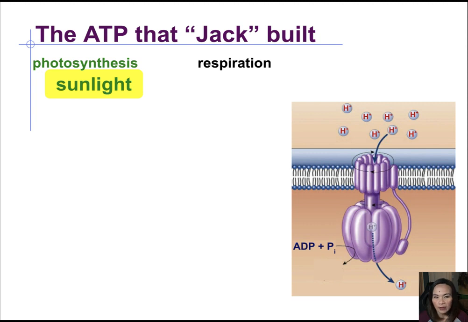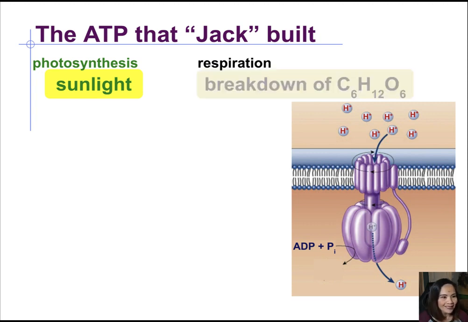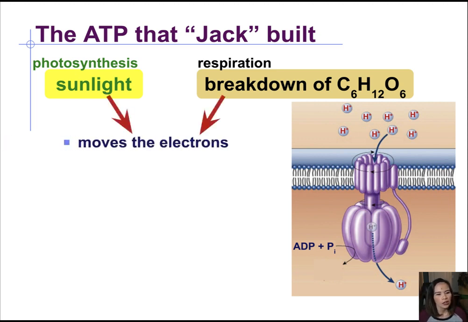So once again, photosynthesis needs sunlight in order for your plants to generate ATP. In cellular respiration, you basically break down the sugar in order for you to generate the ATP. But let's take a look.